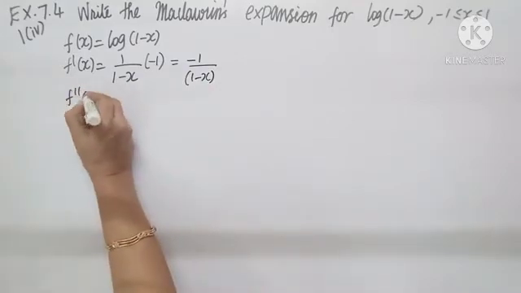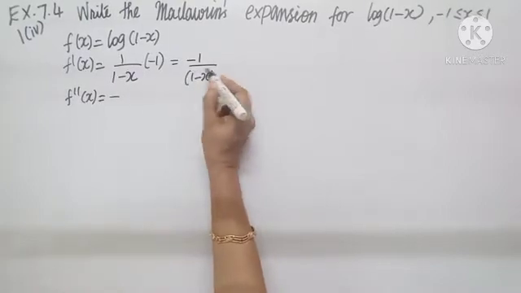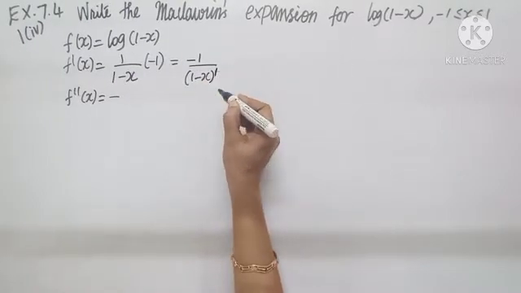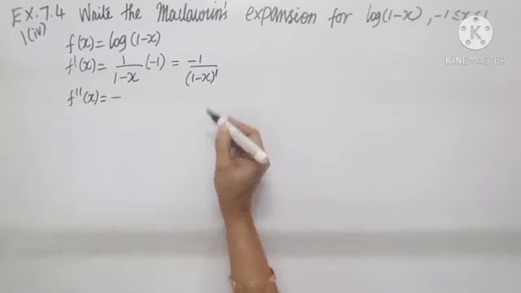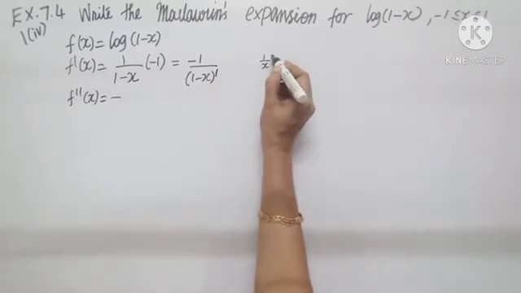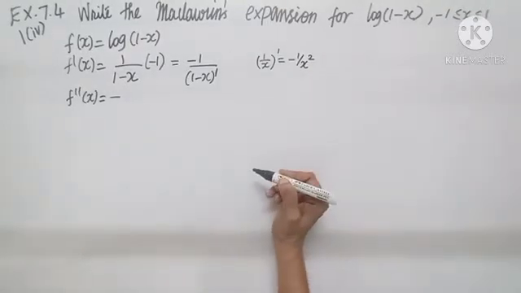Second derivative. Whenever the denominator power is 1, we will remember the derivative of 1 by x. The formula is minus 1 by x square.